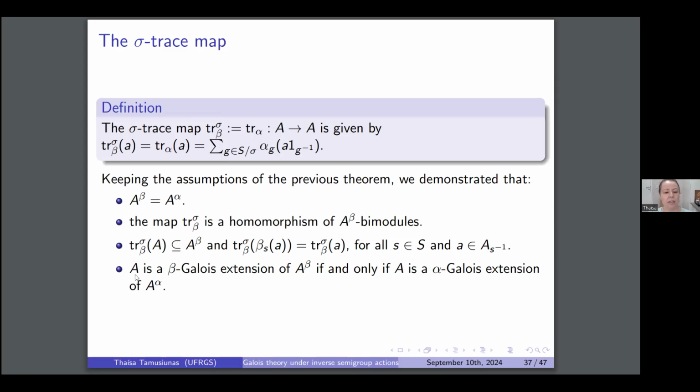And A is a beta Galois extension of A beta if and only if A is an alpha Galois extension of A alpha. Then we have a lot of information here because we already have some results concerning Galois theory for partial actions of groups, and then we can translate it to the inverse semigroup context.